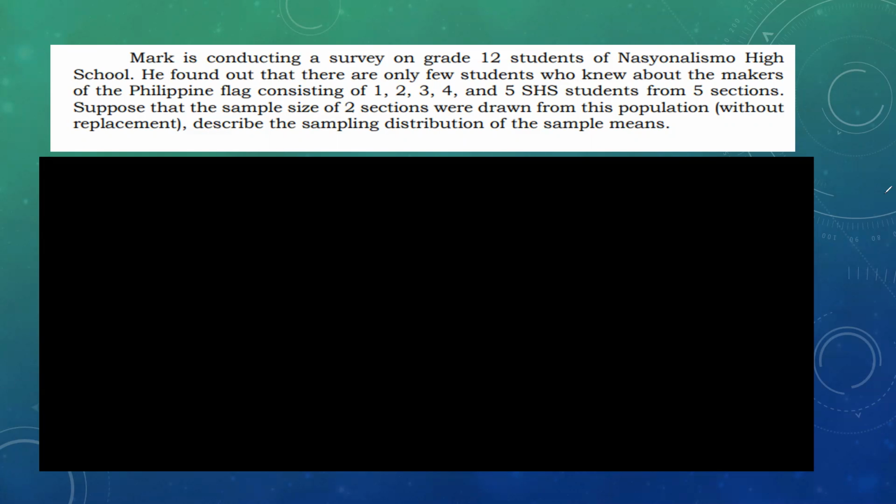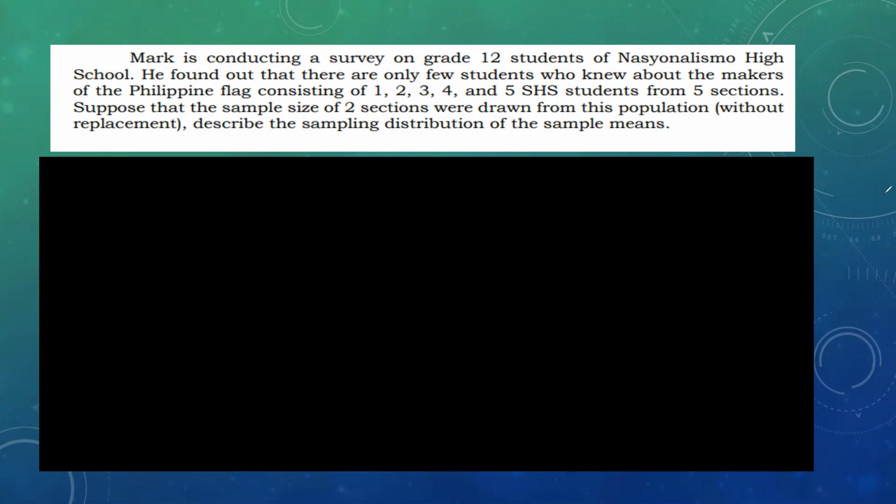So, we'll be starting first with the population. Technically, in here, it is very evident that given sa atin yung population. Ano yung population? The population ay yung population of grade 12, which is consisting of the 1, 2, 3, 4, 5 students, different students from 5 different sections.